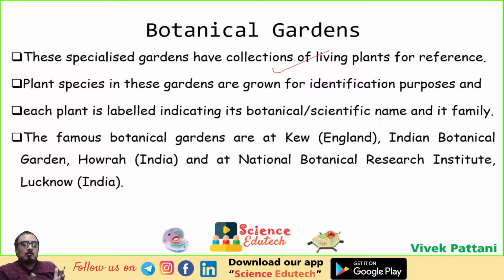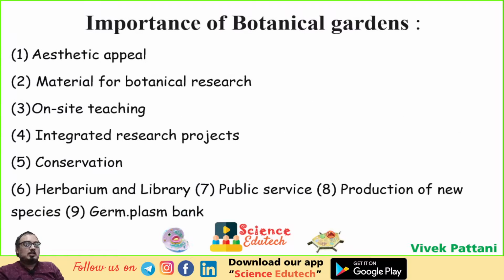Plants from other regions are grown by creating a suitable environment for them. For this purpose, greenhouses, cactus houses, for example Phameris, Orchidium, glass houses, even conservatories and artificial ponds are also developed. Now, let's discuss some of the importance of botanical gardens.